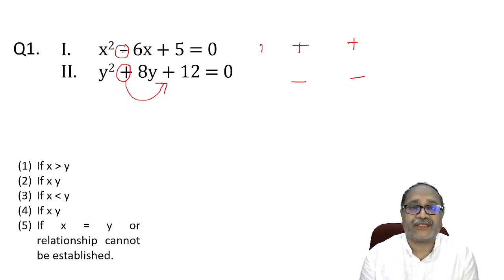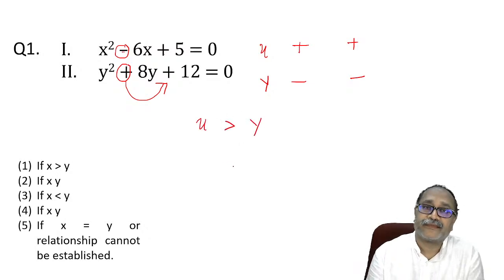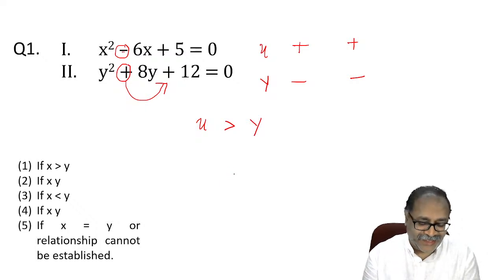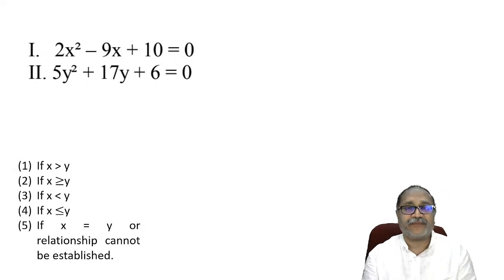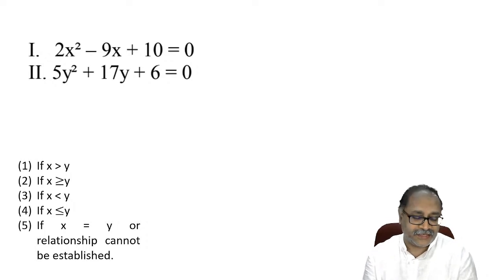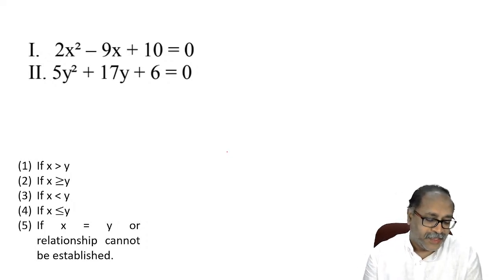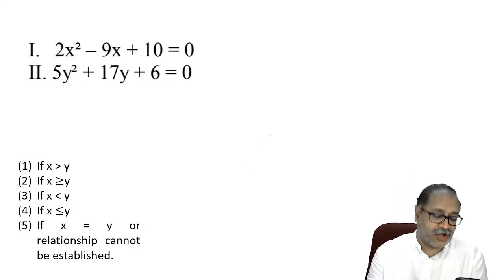So x is positive, y is negative. Therefore x is greater than y. Is that clear? Option A, that's right. If you have a doubt, you can ask me again on the next question. That's right, Gaurav. That's right, Anamika. I am seeing your comments.